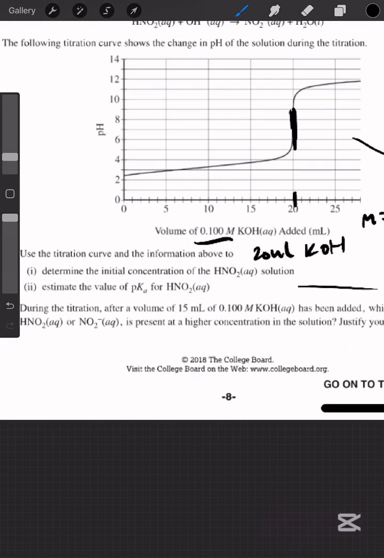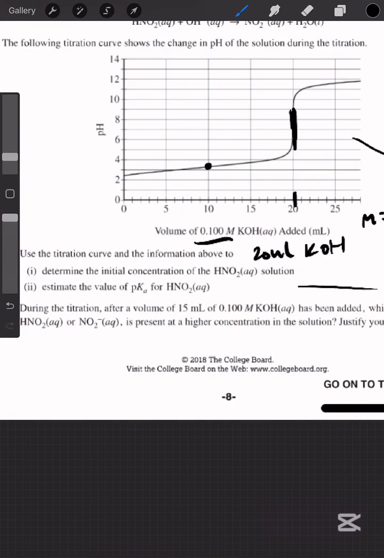Since this is a weak acid, pH equals pK at the half equivalence point, and the half equivalence point is halfway between the equivalence point and the initial starting point. So it's at 10 ml, and it looks to be a little more than 3. For this question, they would definitely be pretty lenient on what you put as your answer.